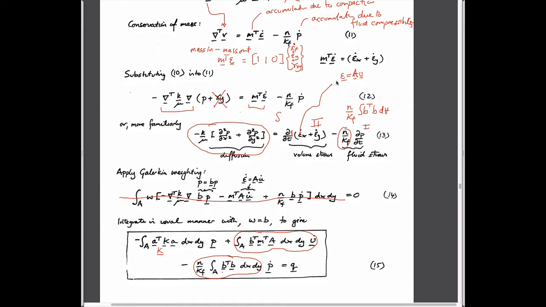We want time derivatives. So we want this and this. We can substitute this, it's this term here, right?